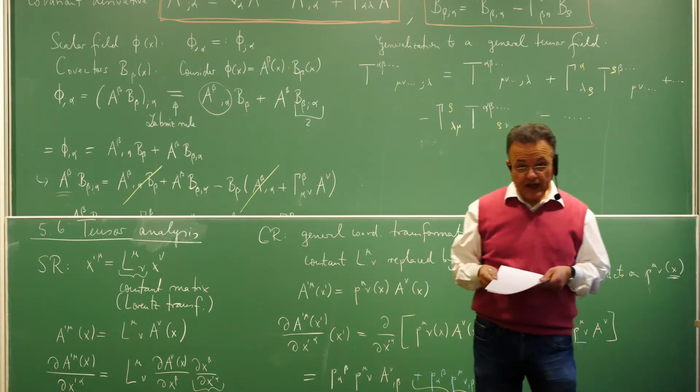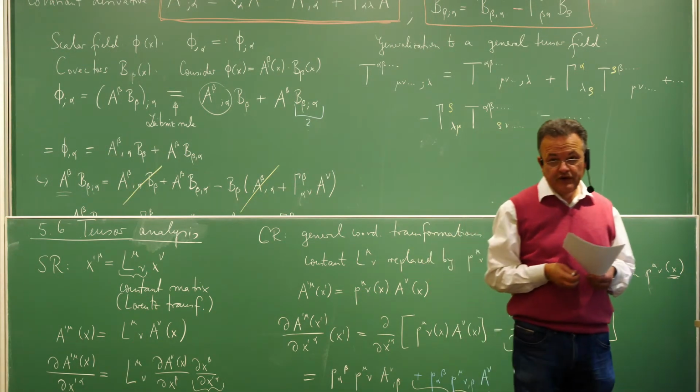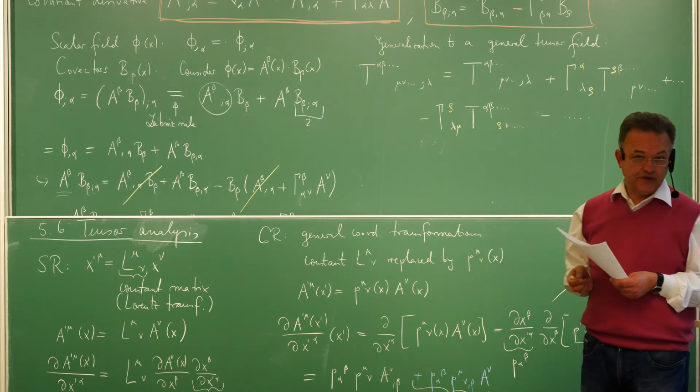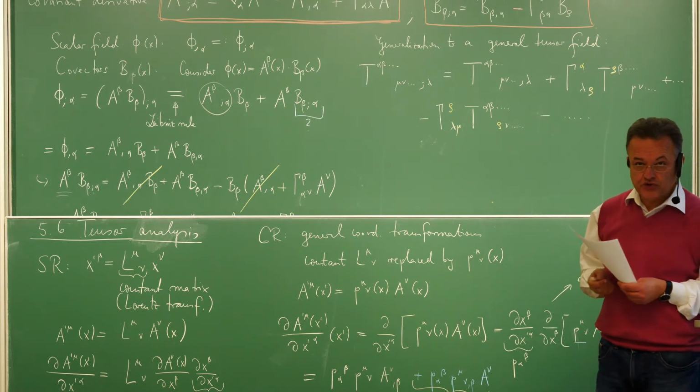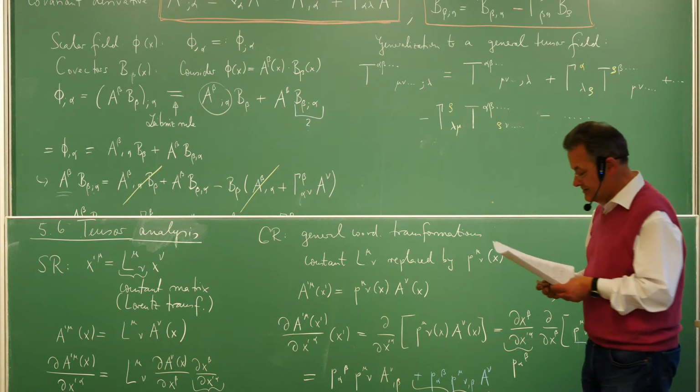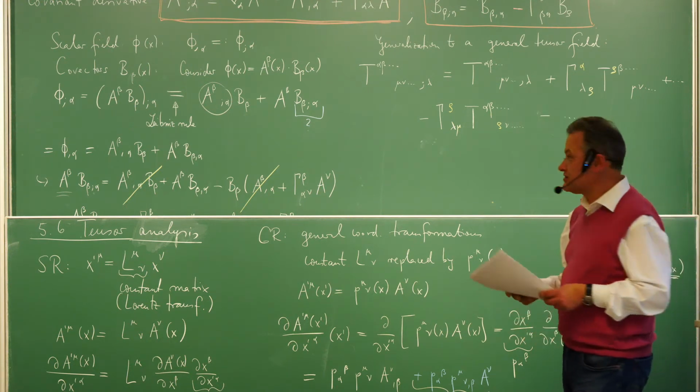A further important application of the covariant derivative is for the metric itself. The metric is a central quantity, g_μν, because it gives you the space-time distance. And so what is its covariant derivative?